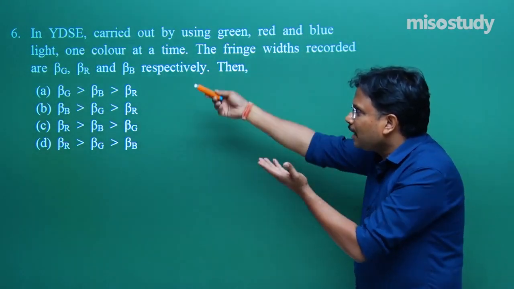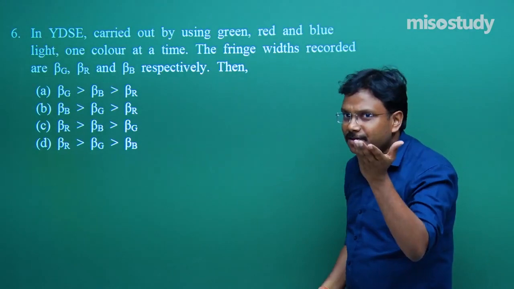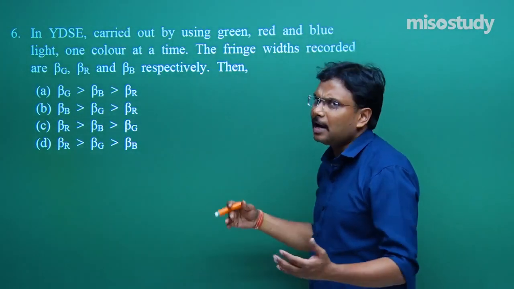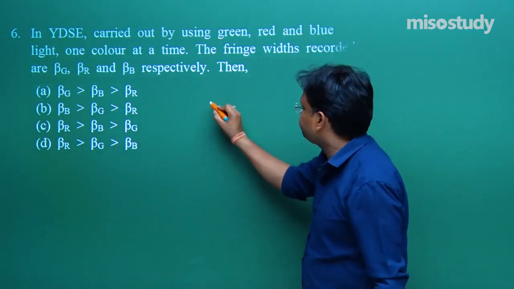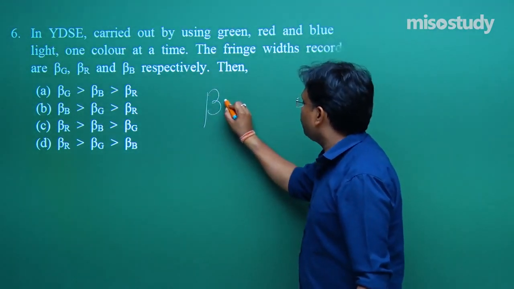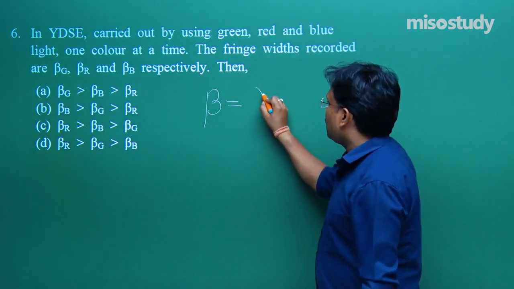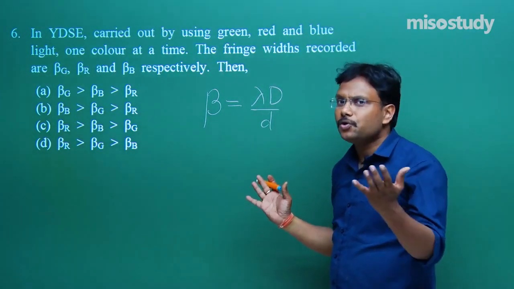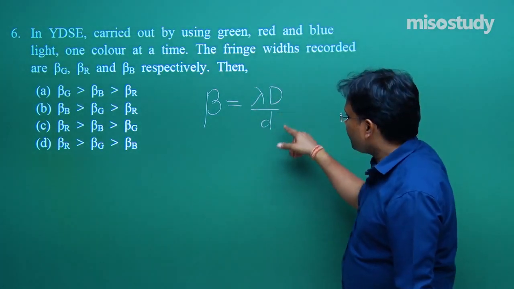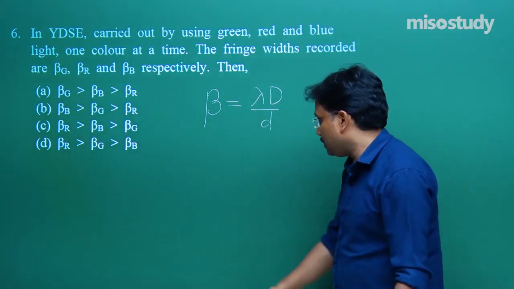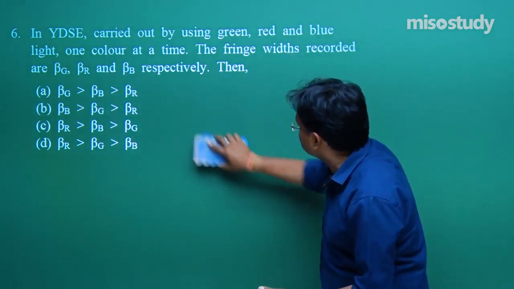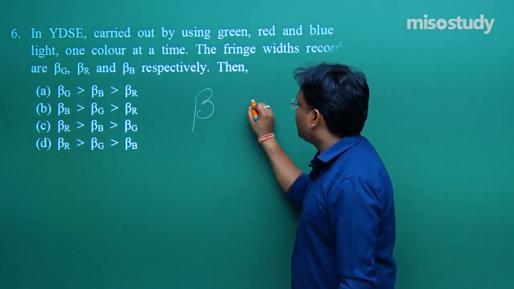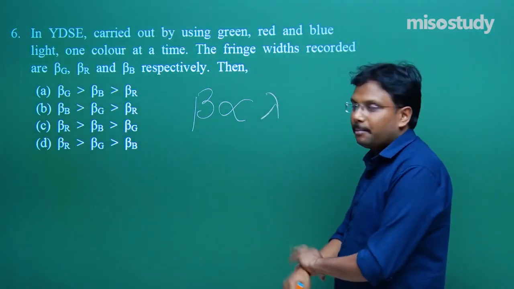So what is the relation between the fringe widths if the wavelength is changed? I hope this question is so simple that anyone can solve it, but let me explain. Fringe width beta is equal to lambda D by d, where symbols have the usual meaning. From this I can say very surely that beta is directly proportional to lambda.